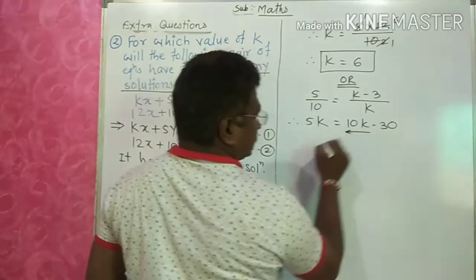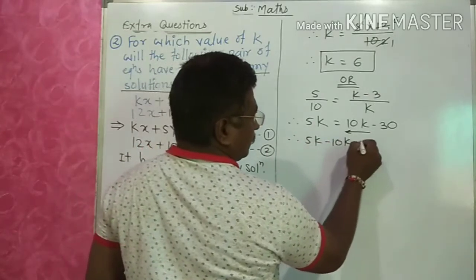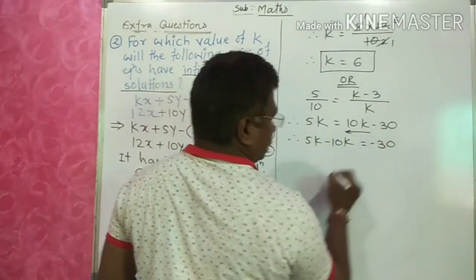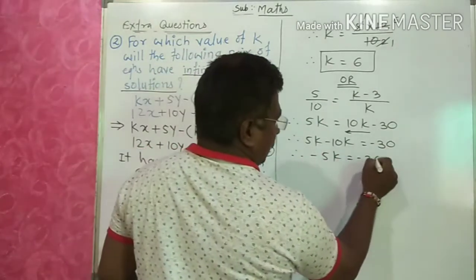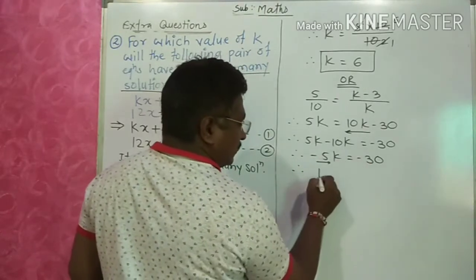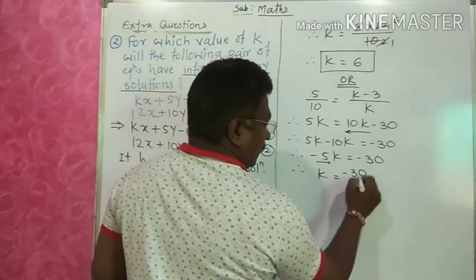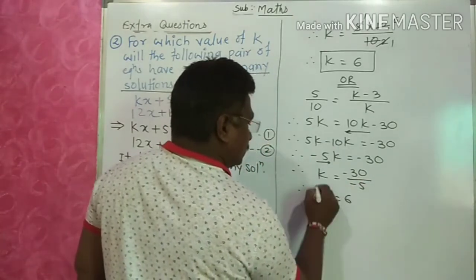So transfer this: 5k minus 10k equals minus 30. So therefore minus 5k equals minus 30. So transfer minus 5 to that side. So k equals minus 30 by minus 5. So k equals 6.